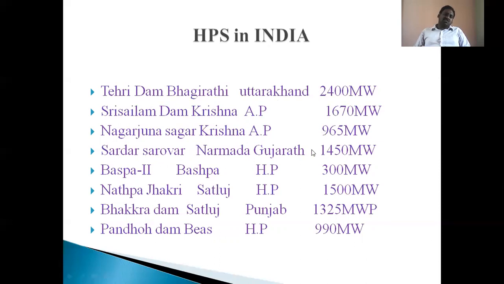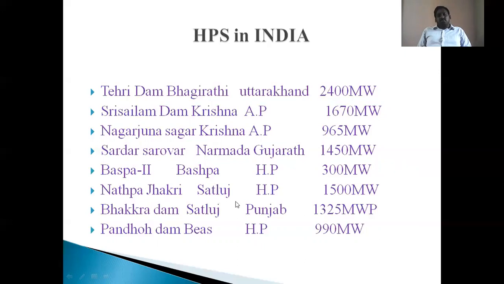Installed capacity 965 megawatts. Sardar Sarovar Dam, which is on Narmada river, in Gujarat. Installed capacity 1450 megawatts. Baspa 2 Dam, which is on Baspa river, in Himachal Pradesh. Installed capacity 300 megawatts.